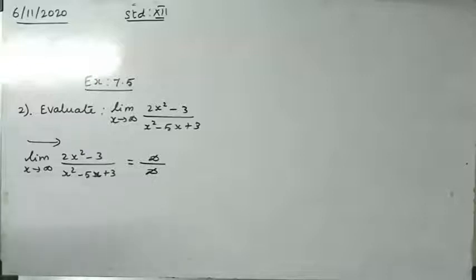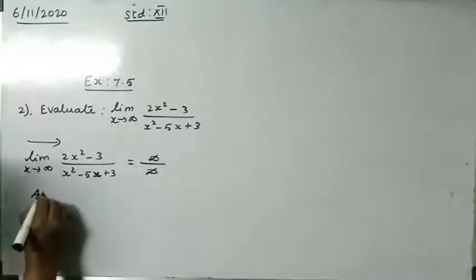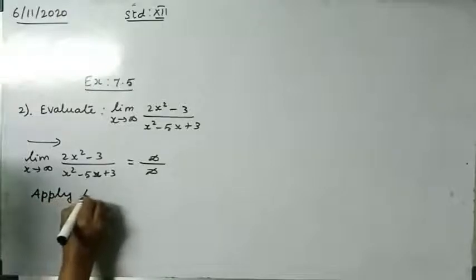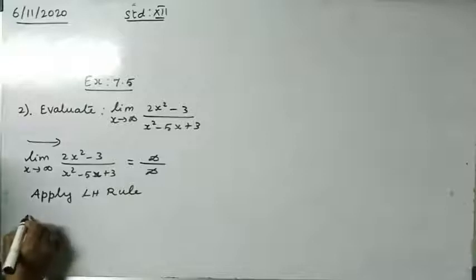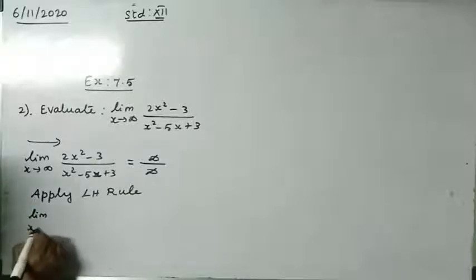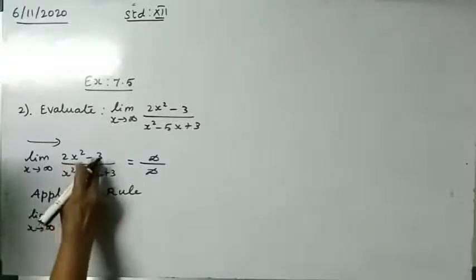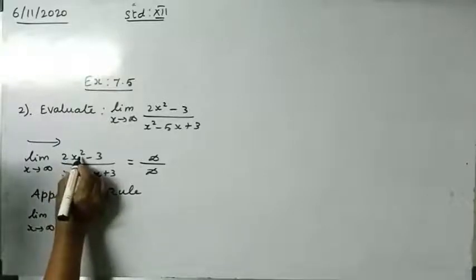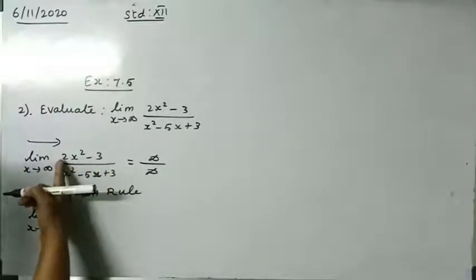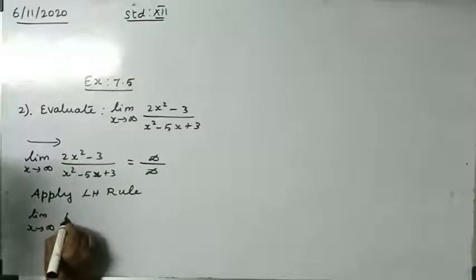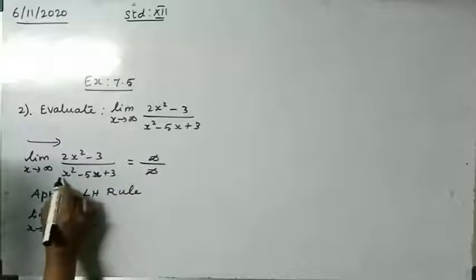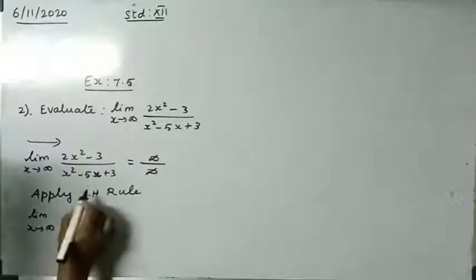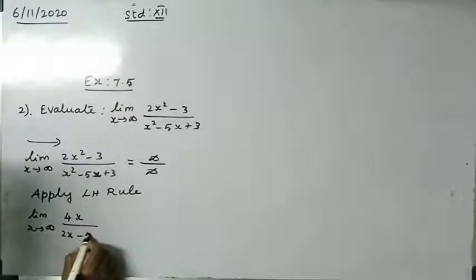So infinity by infinity form. So we can apply the LH rule. So in this form we can use the LH rule. So limit x tends to infinity, 2x square minus 3 differentiated: x square differentiated gives 2x, and there is already a 2, so 2 into 2 is 4, 4x, minus 3 differentiated gives 0, divided by x square differentiated gives 2x, minus 5x differentiated gives minus 5, plus 3 differentiated gives 0.